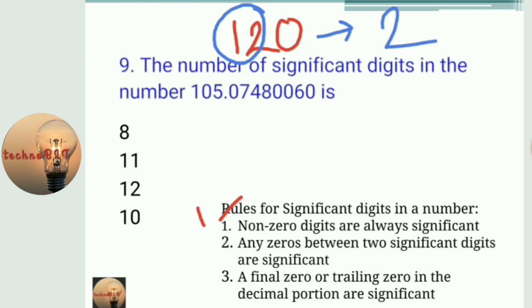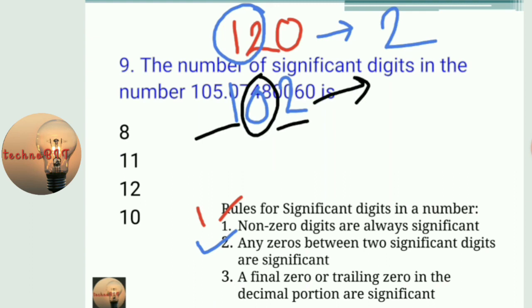Now what is the second point? Any zeros between two significant digits are significant. Suppose I write this number as 102. Here we have a 0 between two significant digits, so the total number of significant digits will be 3. Right? Now what is the next point? A final 0 or trailing 0 in the decimal portion is significant.